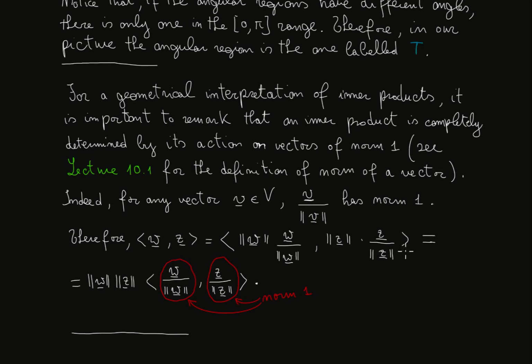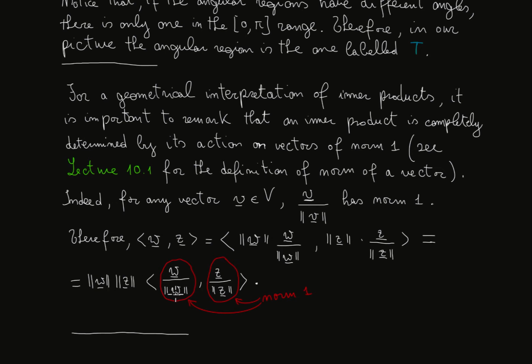And we do the same with the vector Z. By bilinearity of the inner product, with respect to multiplication by scalars, we can factor out both norms from this operation and have this equality: norm of W times norm of Z times the inner product of W divided by its norm with Z divided by its norm.